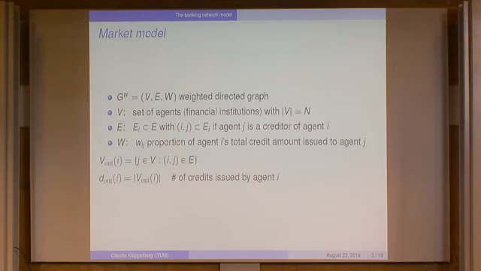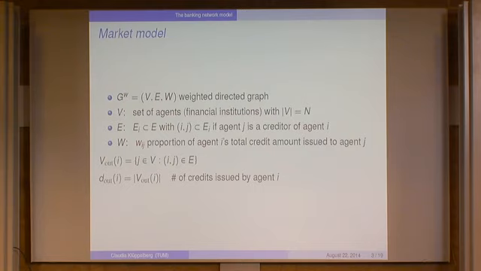Our market model is a weighted directed graph. It has nodes, which are sets of agents. They are banks, financial institutions, and we have capital N of those. The E_i are the credit portfolios, meaning that an edge ij belongs to E_i if agent j is a creditor of agent i.